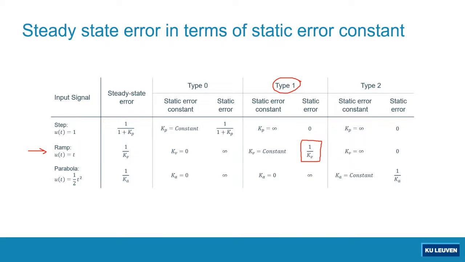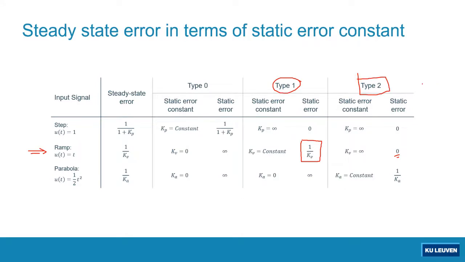But the first requirement of the controller in our example is to eliminate the steady state error because of the ramp input. Eliminating it means the steady state error should be equal to 0 for a ramp input. That will happen only if the type number is at least equal to 2.